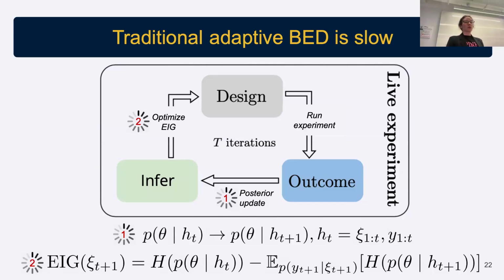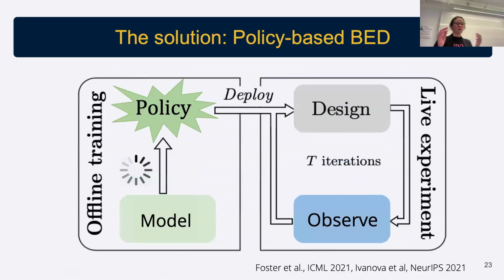And the way that we addressed this a few years ago now is by taking a step back and almost rethinking this whole process of the experimental design process itself. And this is what we're going to get to. So our proposed solution is what we now call policy-based Bayesian experimental design.